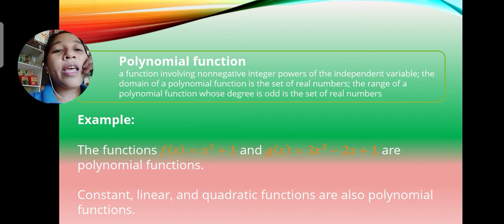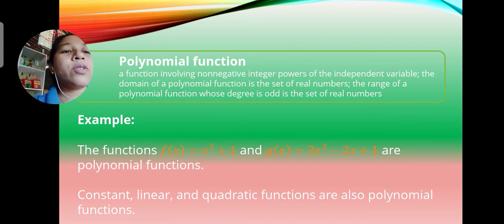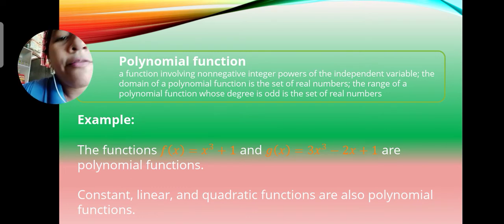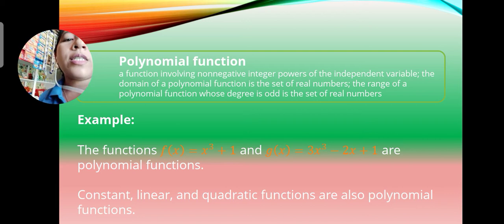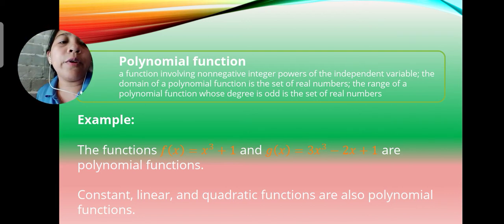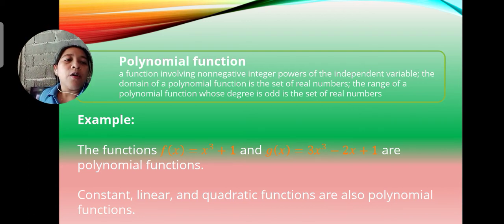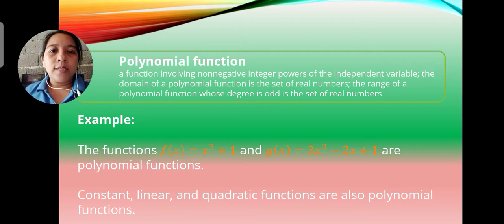The functions f of x is equal to x cubed plus 1 and g of x is equal to 3x cubed minus 2x plus 1 are both polynomial functions. The constant, linear, and quadratic functions are also polynomial functions.